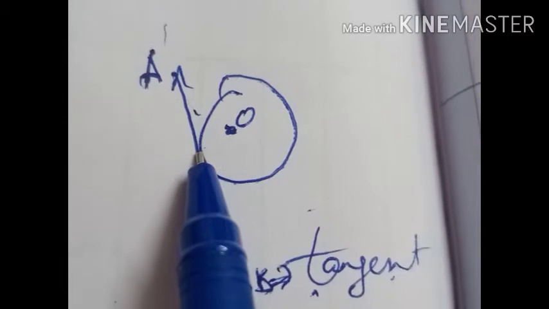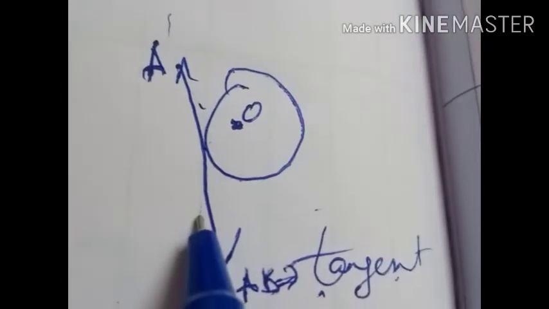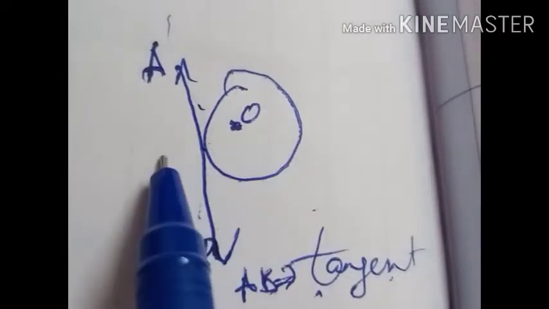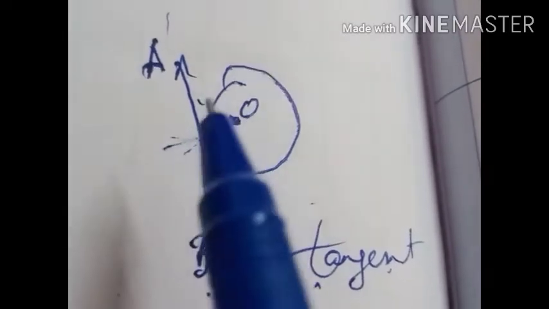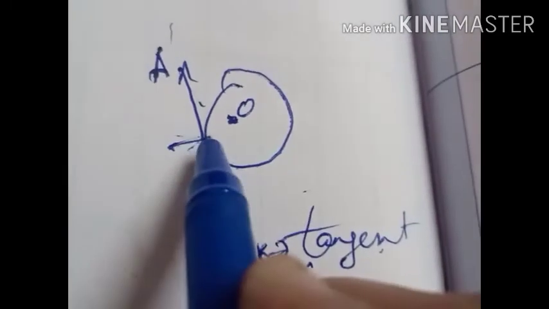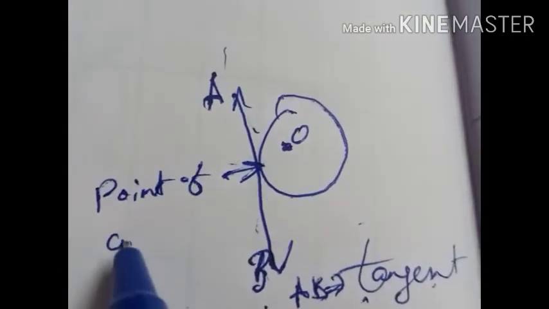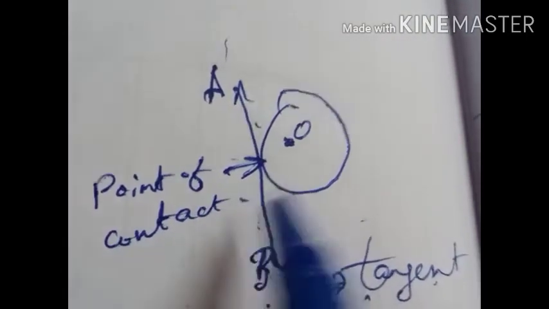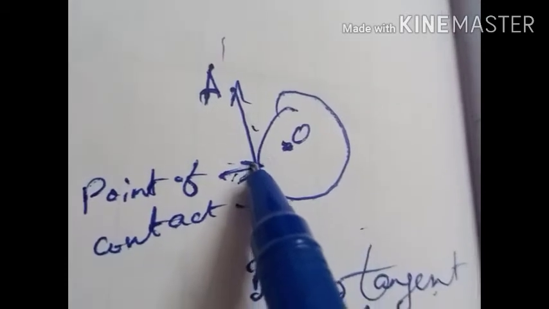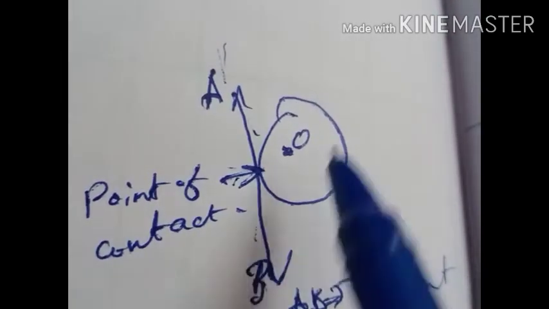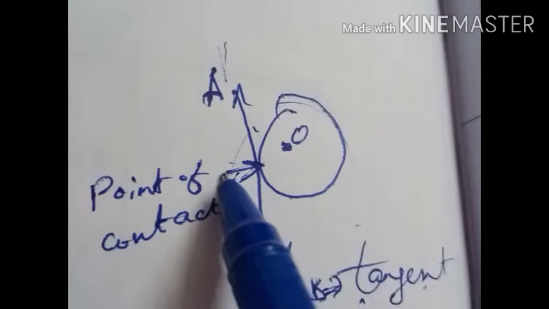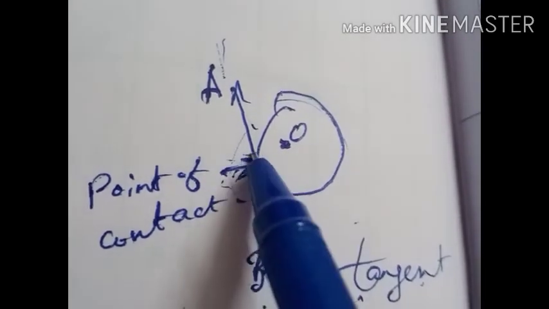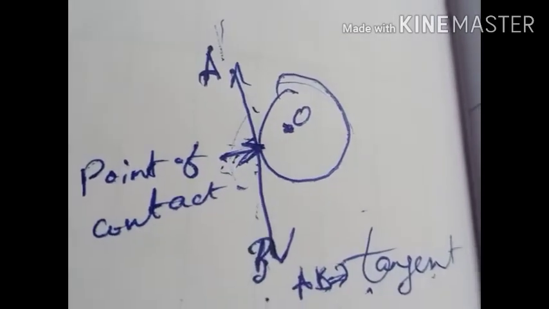The common point of the tangent and the circle is known as point of contact. So this is the point of contact.